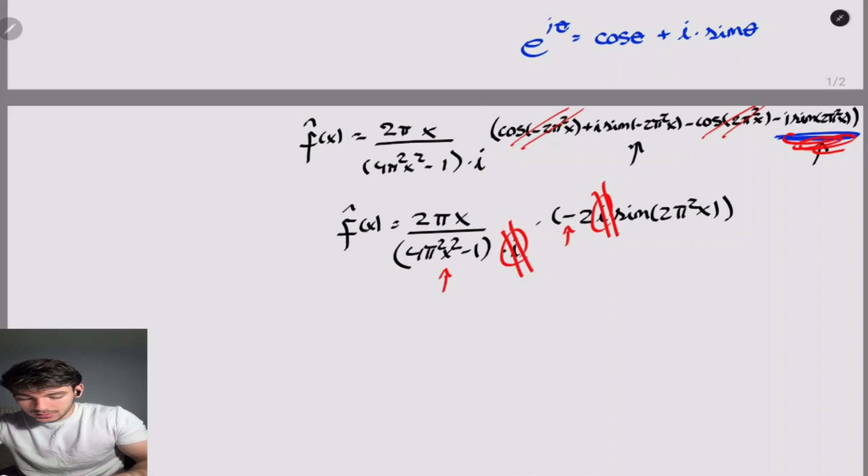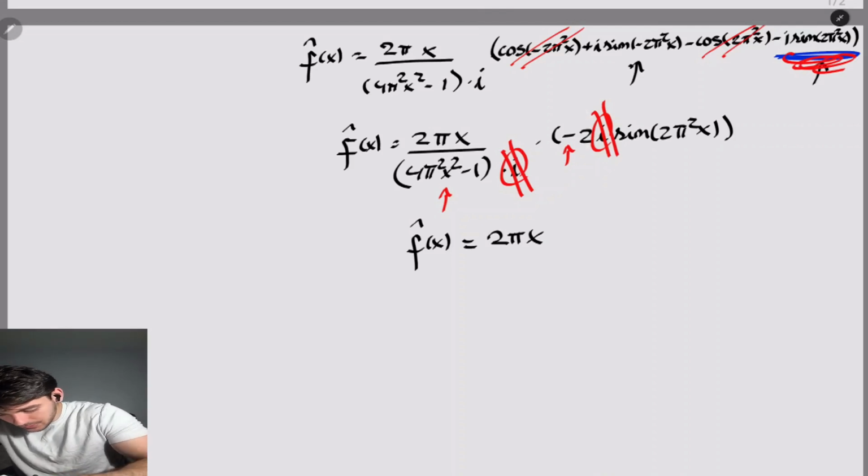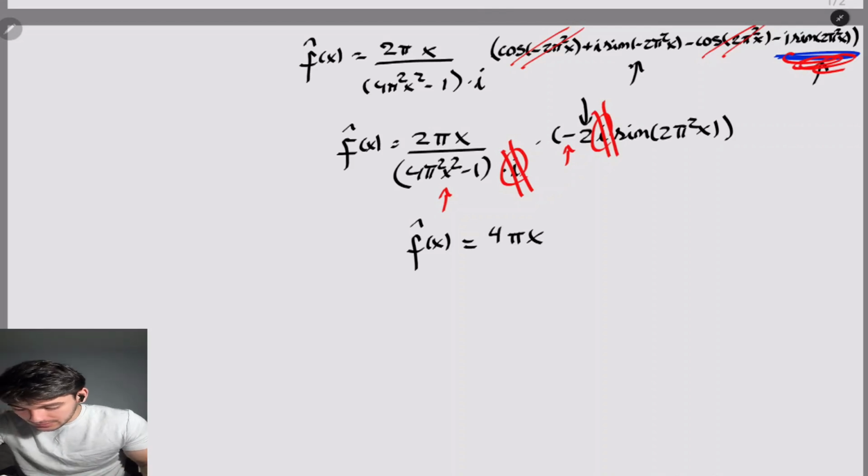Okay, so here we have that the transform of Fourier of our function is equal to 2 pi x. Actually, this 2 here will multiply the 2 pi x, it will become 4 pi x.